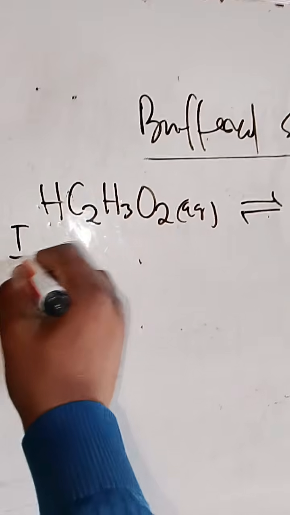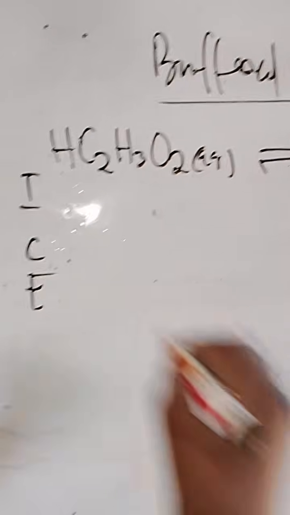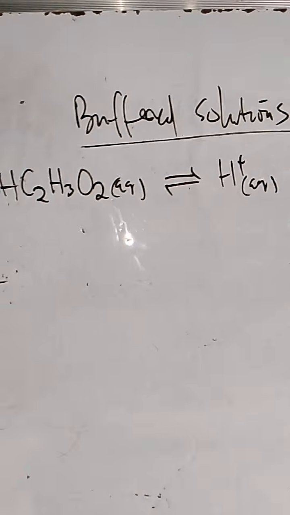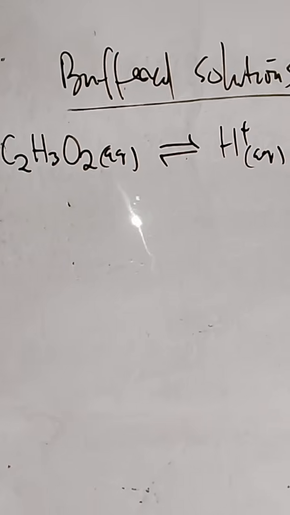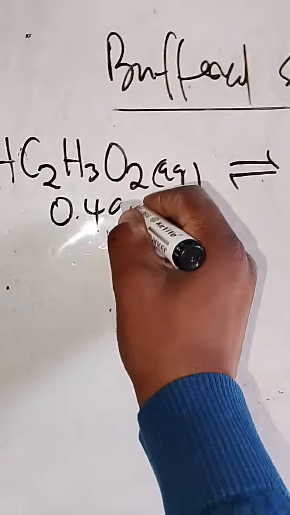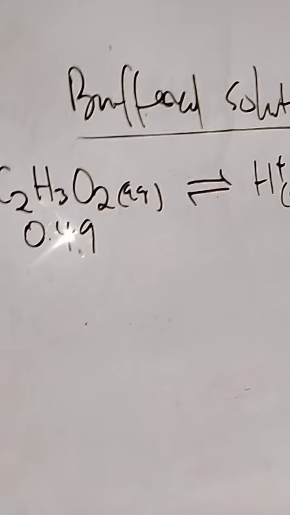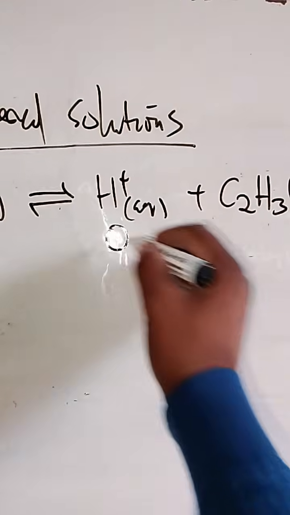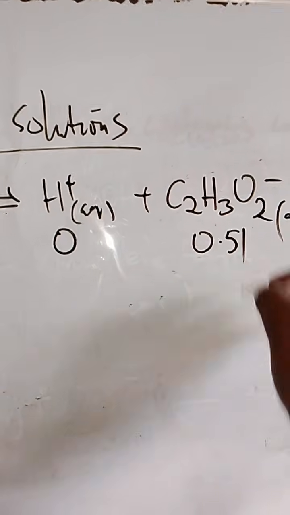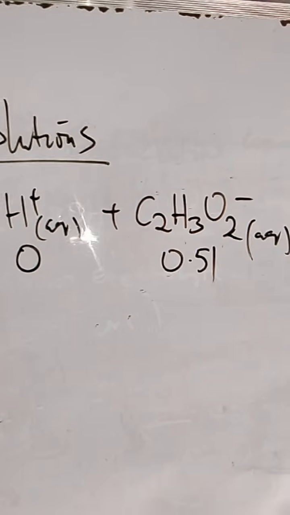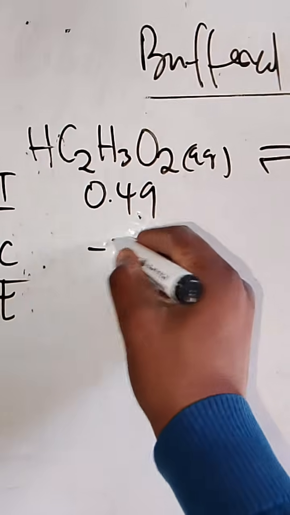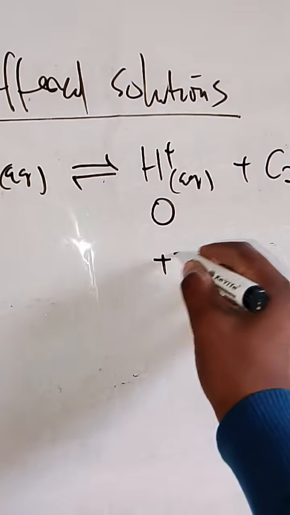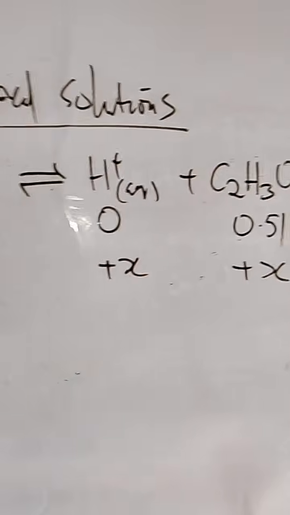Then ICE: the initial concentration of acetic acid is 0.49, the one that we found after addition of the sodium hydroxide, hydrogen is 0, and the conjugate base is 0.51. The change is minus x, plus x, plus x.